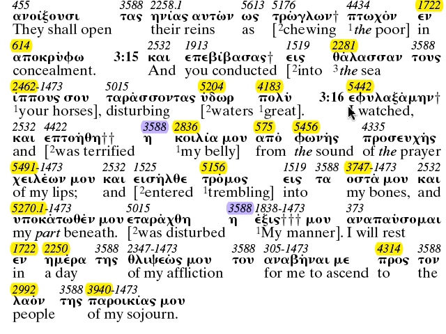Ephilaxamin, I watched, with guarding, mainly a prophylactic, has to do with guarding, something that's in front. I watched, and my kilia, my belly, was terrified. Kolio is a prefix for stomach. I was terrified from the sound, the phonies, phone, of the prayer, the prosevkis of my lips.